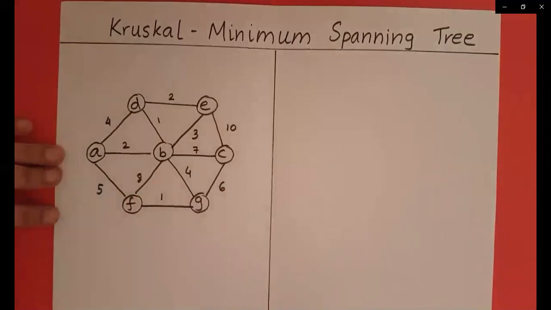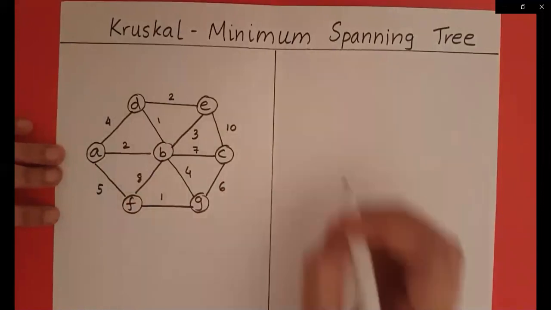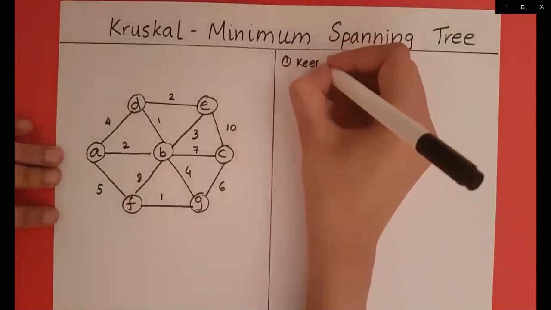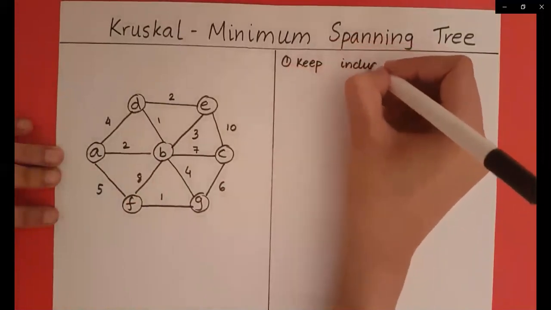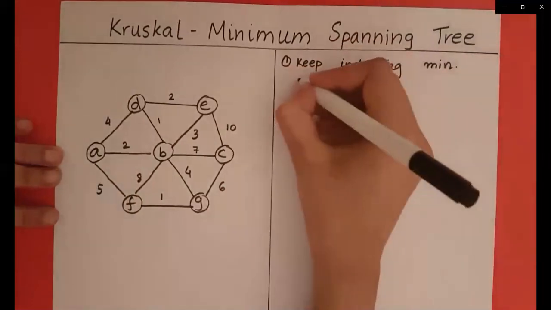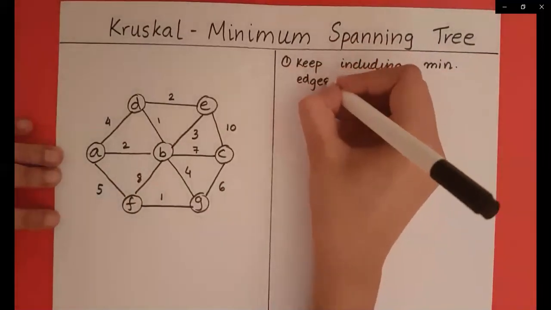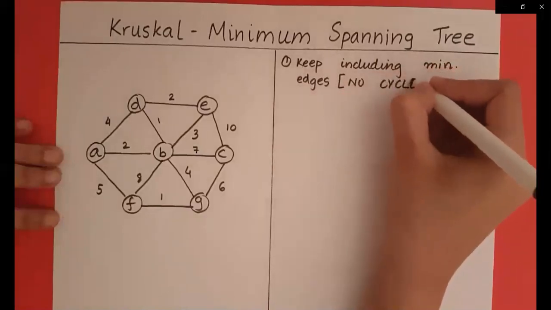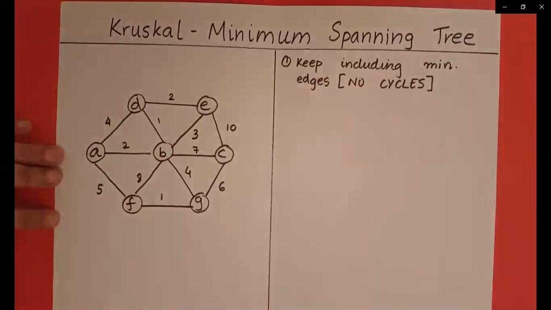Then you keep including the minimum edge, based on whether it forms a cycle or not.